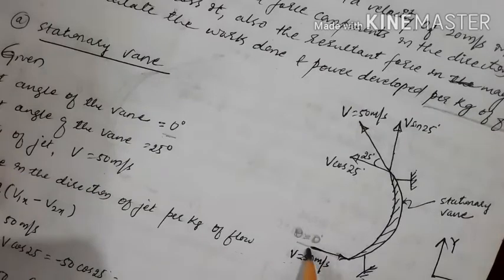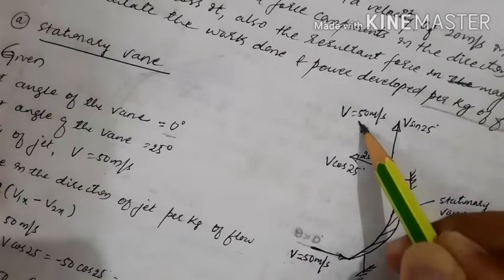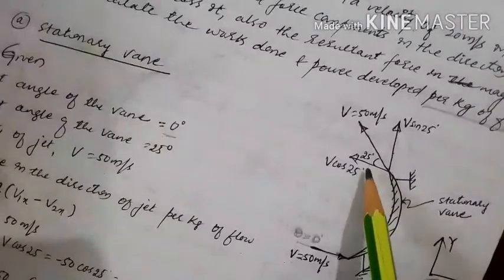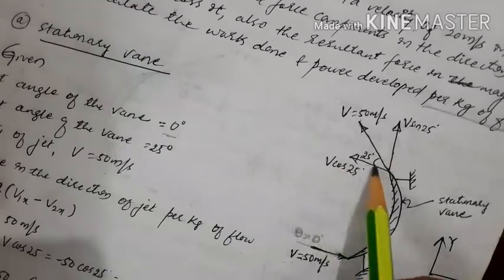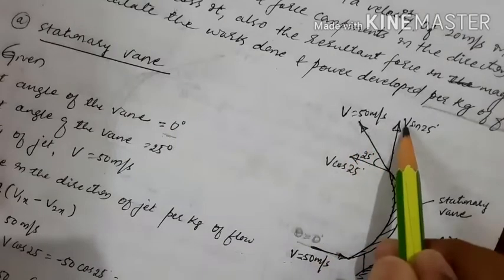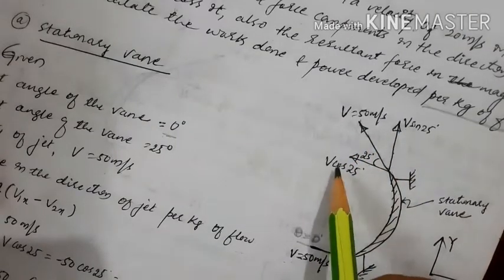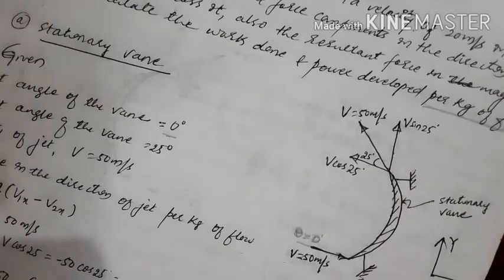So it enters and glides over the surface. Then it exits by making an angle of 25 degree with the same velocity. When we resolve this, we get the vertical and horizontal components, v cos 25 and v sin 25. So this is a stationary vane.